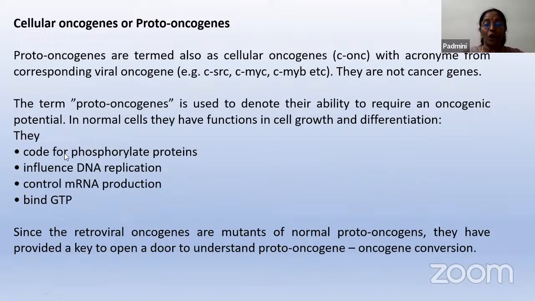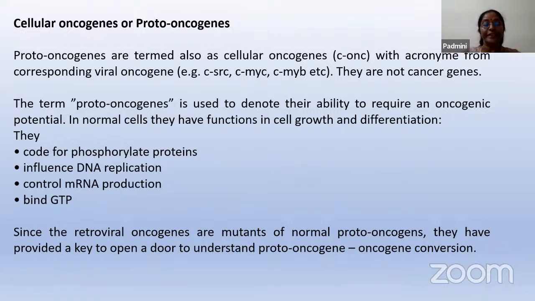Now, what is the function of these proto-oncogenes in normal cells? They code for phosphorylating proteins, they influence DNA replication, they control mRNA production, and they bind GTP. When they bind GTP, it becomes GDP. If they're not binding, then the GTP stays active and does not form GDP, and this also creates cancers.